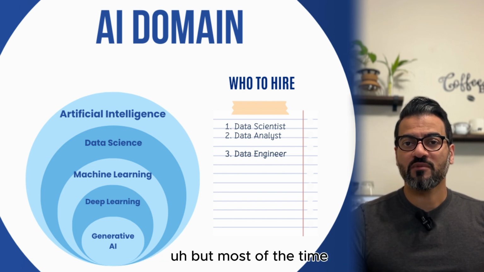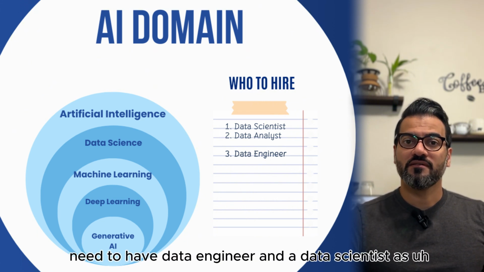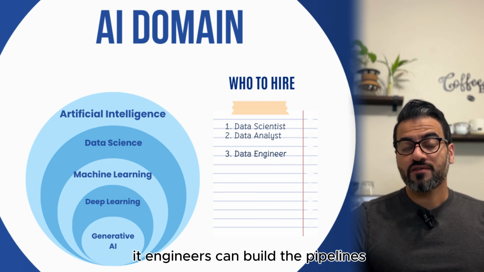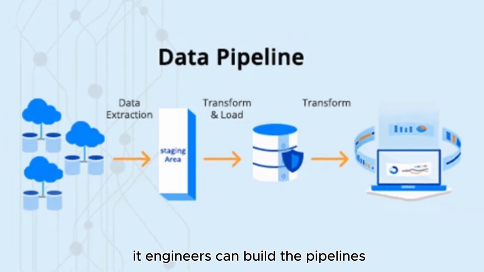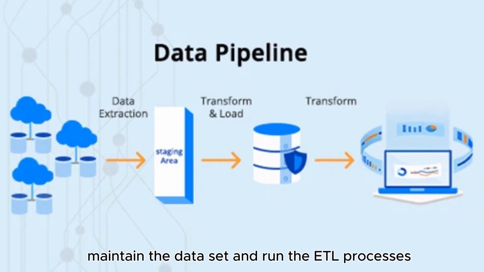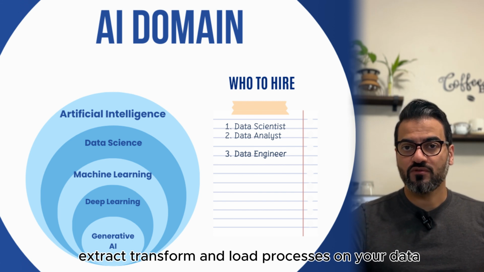But most of the time, if you are running a bigger organization, you probably need to have a data engineer and a data scientist as two separate roles. Data engineers can build the pipelines, maintain the data set, and run the ETL processes, extract, transform, and load processes on your data.